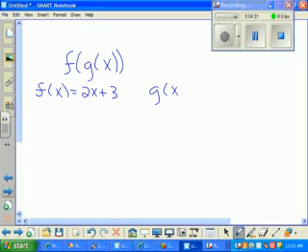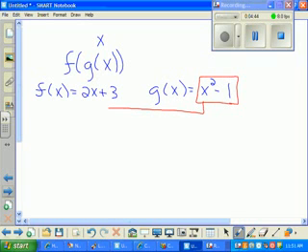Good. Normally I'm used to seeing f of x. What am I replacing x with? G of x. So all of this right here, this is what g of x equals, is going to replace my x. We're going to do lots of practice with this.